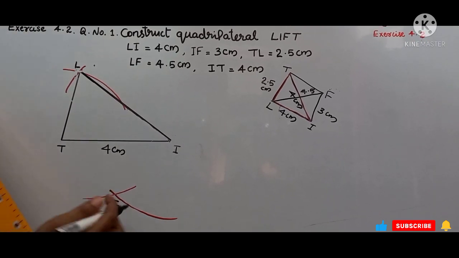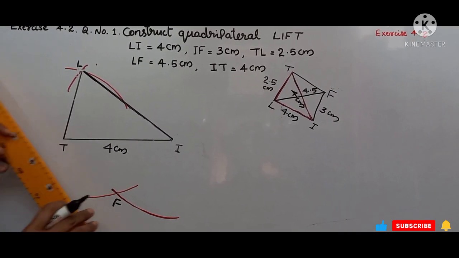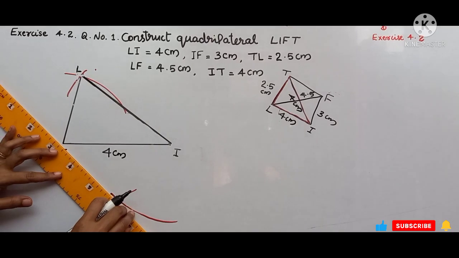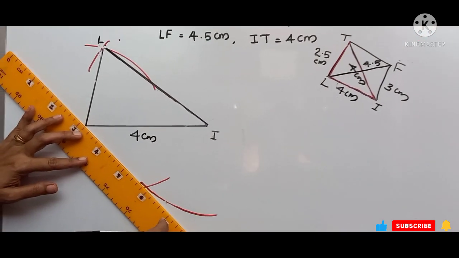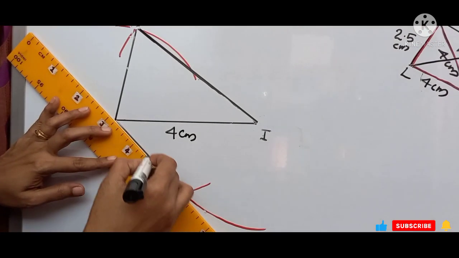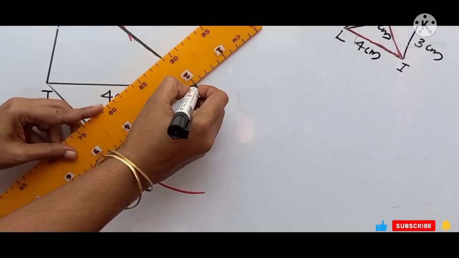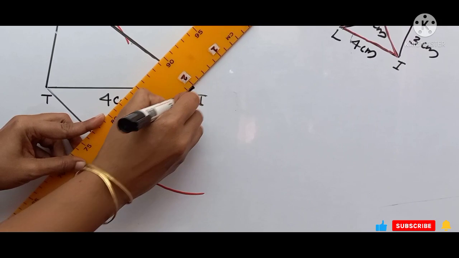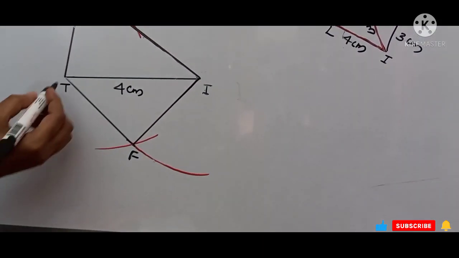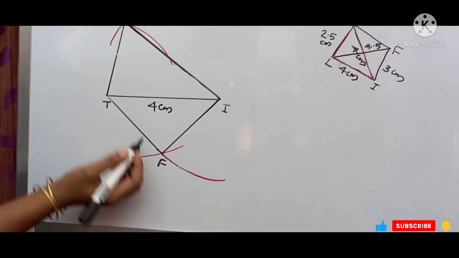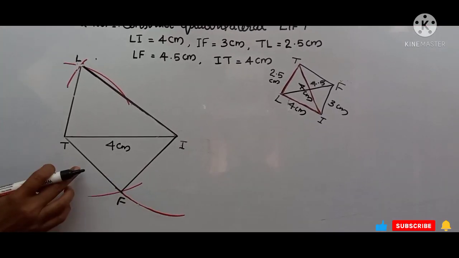and we have to join this point with the T and I like this way. I also we have to join with the F, and we have to write that measurements also.